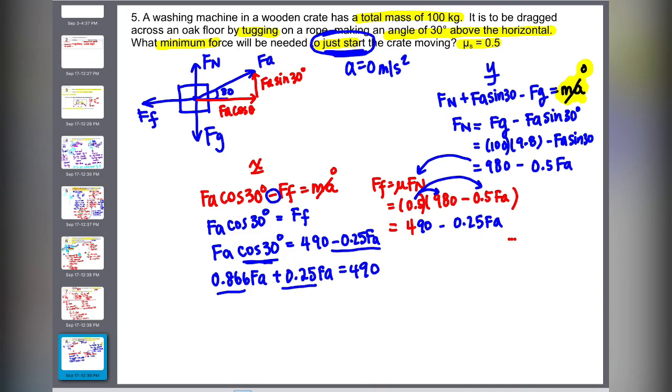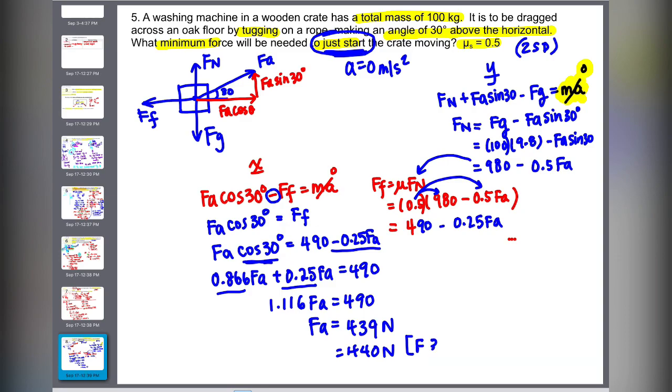I got 0.866 FA adding 0.25, so I have 1.116 FA equals 490. Divide both sides by 1.116. So the answer I got is 439 Newtons, and sig digs is really 1. So can you just assume 2 sig digs again? So 440 Newtons forward.